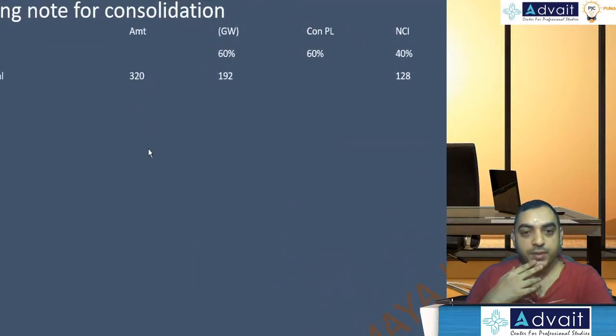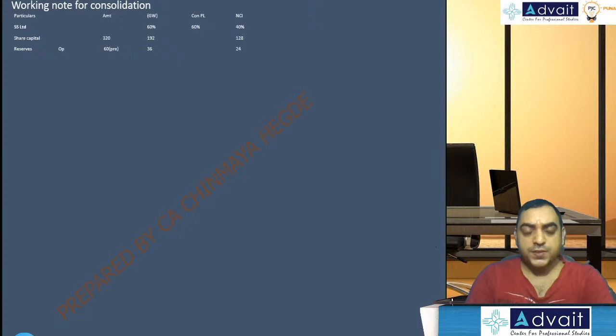Okay, start from SS Limited, where we write share capital 320, 60% goes to goodwill, 40% goes to NCI. And then we have analyzed reserves: opening balance 60, 60% goes to the holding company share, goodwill, 40% to NCI.